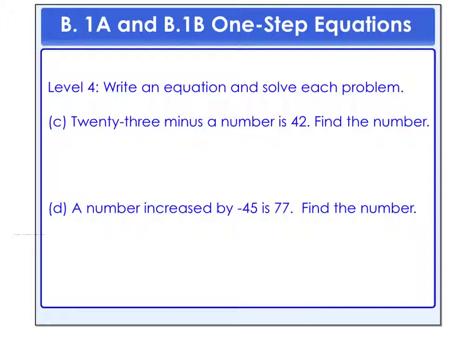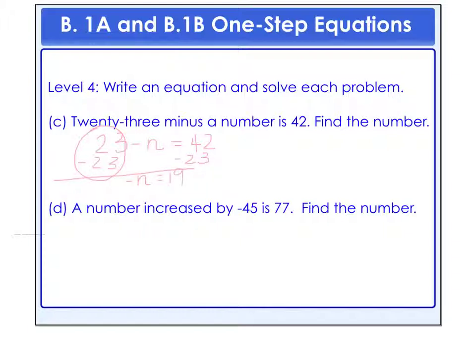Here we go. Here we have some addition and subtraction ones. So 23 minus a number, we don't know that number, equals 42. Find the number. So in order to get rid of this 23, we're going to subtract 23 from each side. But be careful, because we don't just have an n left. We have a minus n equals, and 42 minus 23 is going to give us 19.